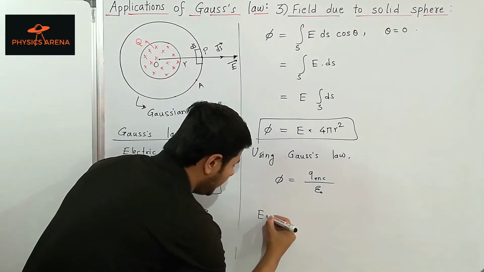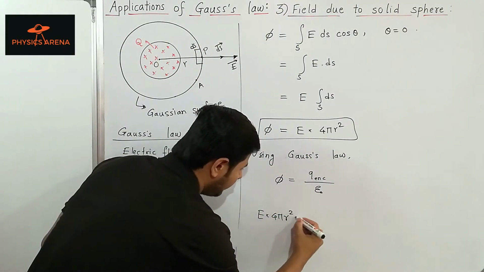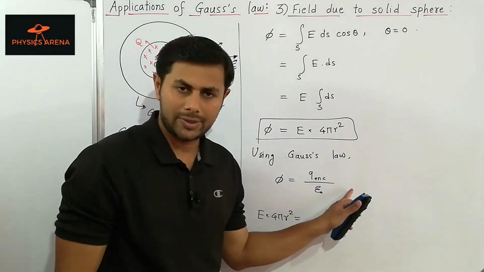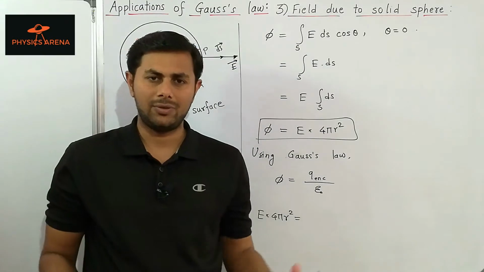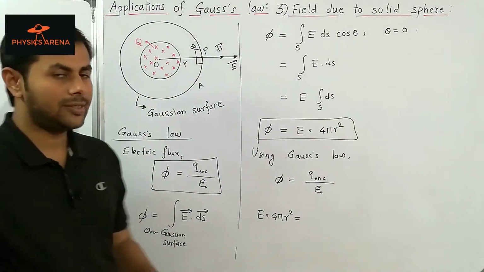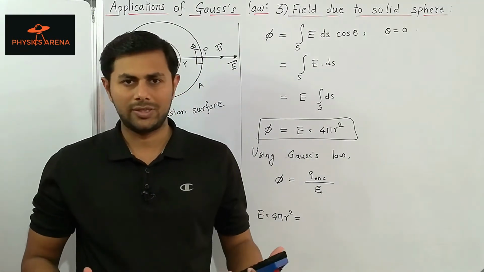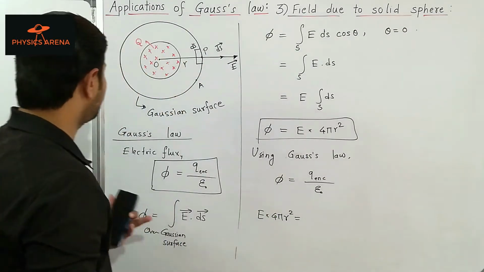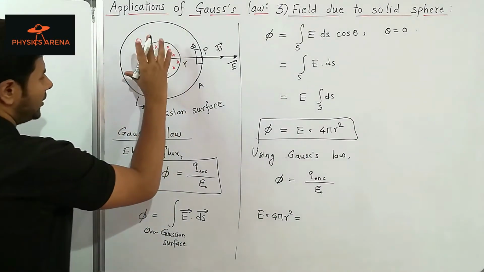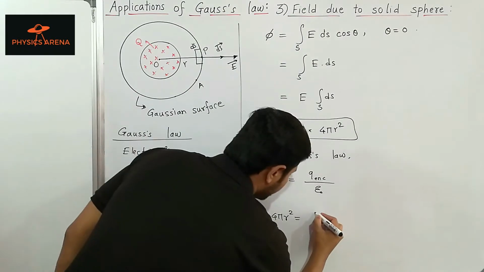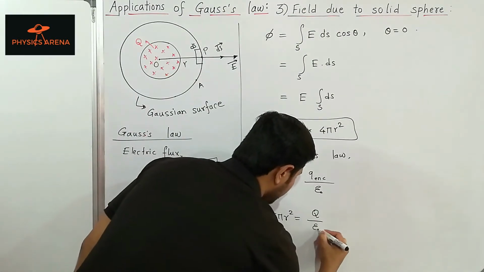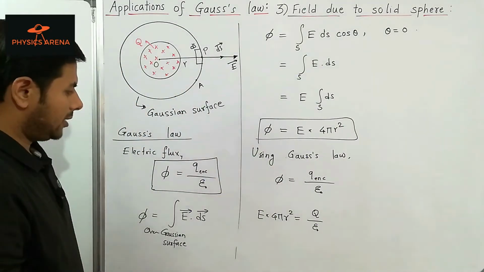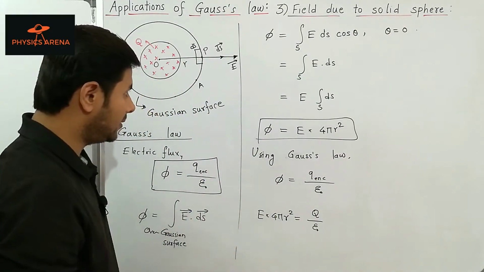So we have E multiplied by 4 pi r square is charge enclosed divided by epsilon naught. And how much is the charge enclosed by this Gaussian surface? It is the total charge on this solid sphere, which is Q, and epsilon naught as it is.